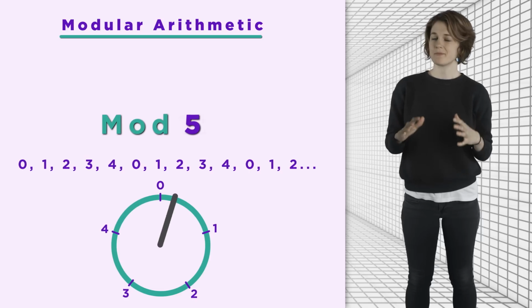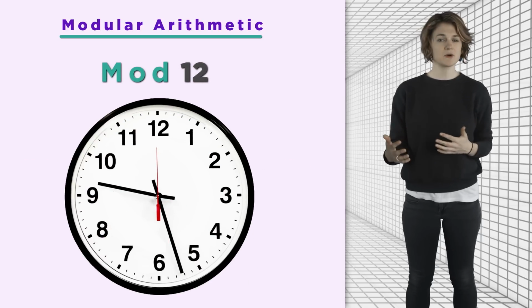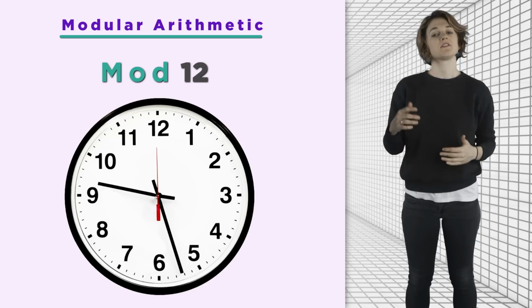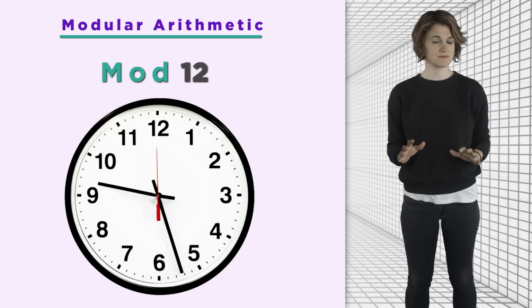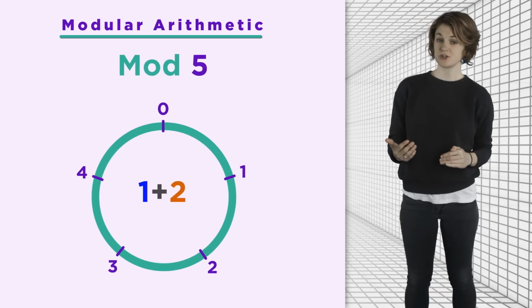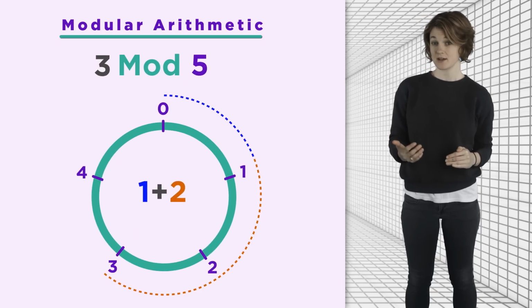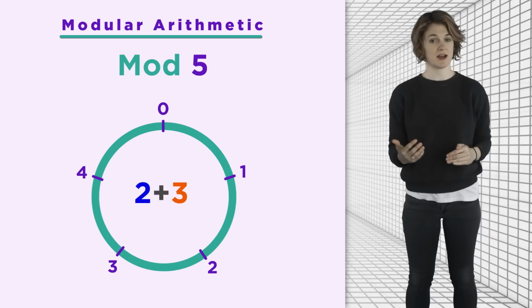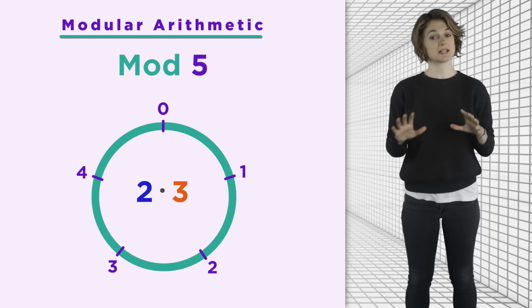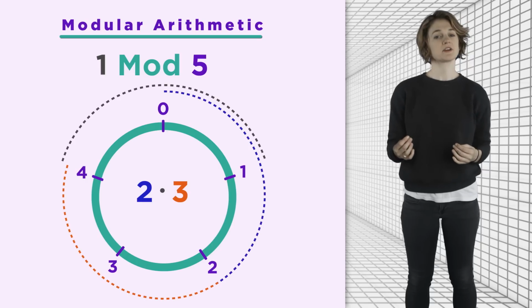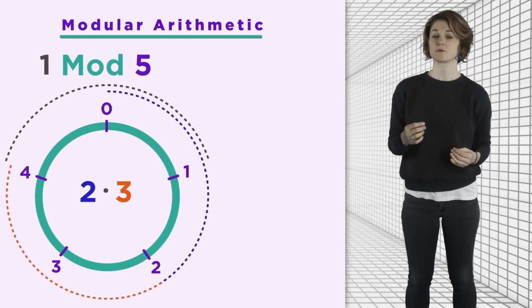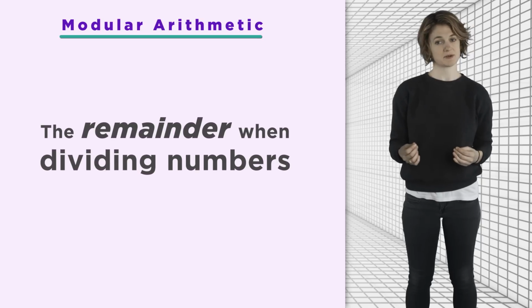We tell time mod 12, or mod 24, depending on your convention. This cyclical counting extends to the arithmetic operations. So, 1 plus 2 mod 5 is still just 3, but 2 plus 3 mod 5 is 0, and 2 times 3 is 1 mod 5. Another way to think about modular arithmetic is in terms of the remainder when dividing numbers.